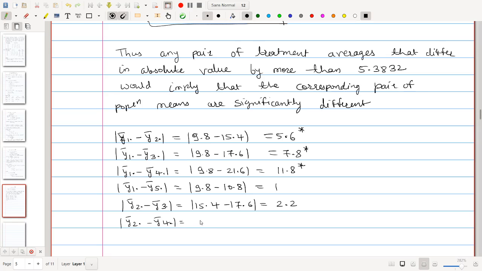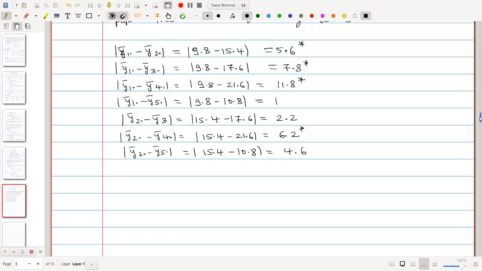This will be 15.4 minus 21.6, so this will be 6.2. So this is greater than that value. So here it is a star. Y bar 2 dot minus y bar 5 dot. So this will be 15.4 minus 10.8, so this will be 4.6. So this is not greater than that T alpha. So I have not given a star.